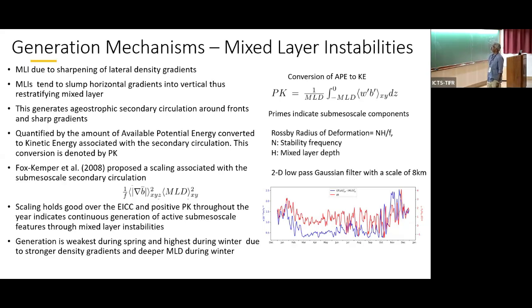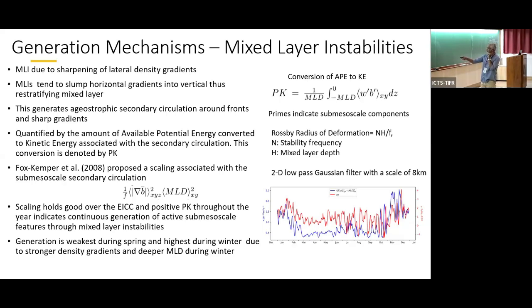In order to separate the flow or extract the submesoscale part of the flow, we have used a two-dimensional low-pass Gaussian filter with a scale of 8 km. This 8 km is the Rossby radius of deformation obtained from NH by f, where N is the Brunt-Väisälä frequency averaged over the mixed layer, and H is the mixed layer depth.